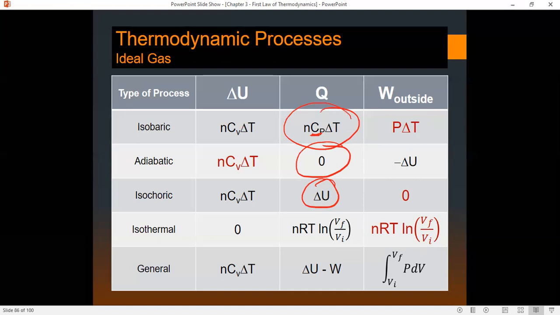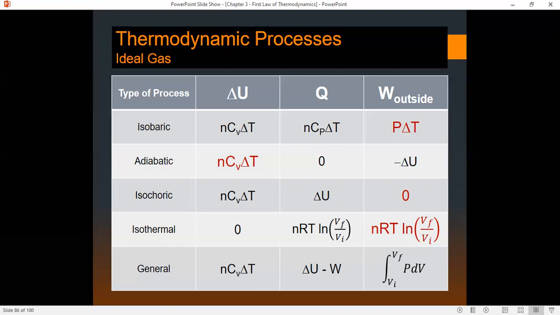And for the case of isothermal, there's no change in internal energy, so both the work and the Q are the same. Actually, if we look at this, the work that's being done to the outside environment is coming from the heat, which is being input right there.